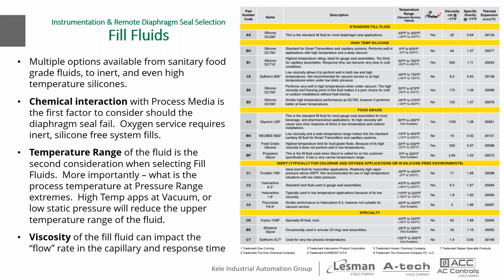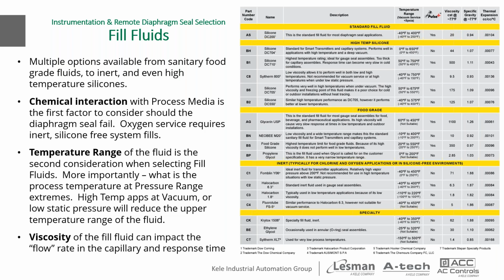Temperature range of the fill fluid is the second consideration when you're selecting fill fluids. More importantly though, what is the process temperature at your pressure range extremes? In other words, if you need to measure from vacuum to 200 pounds, we need to know that, because high temperature applications at vacuum or low static pressures will actually reduce the upper temperature range of the fill fluid.